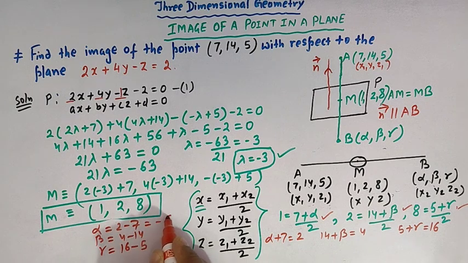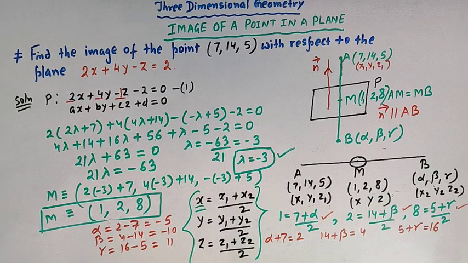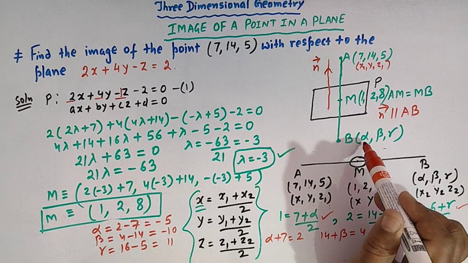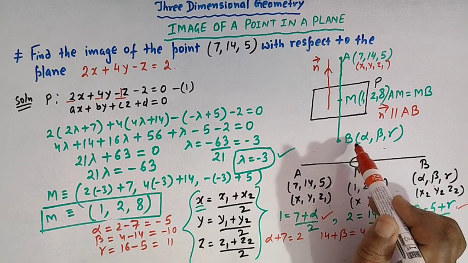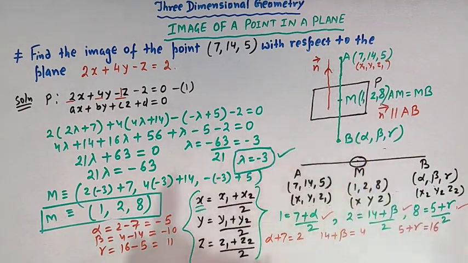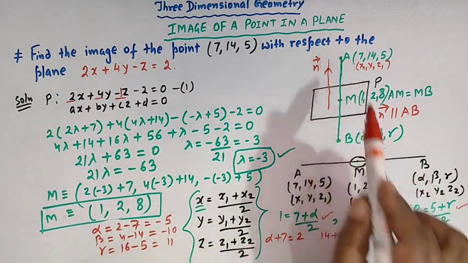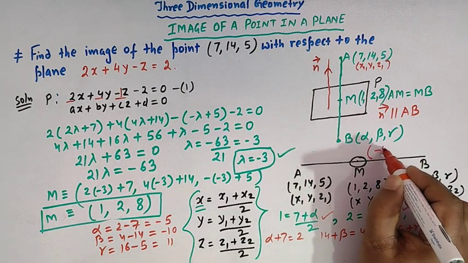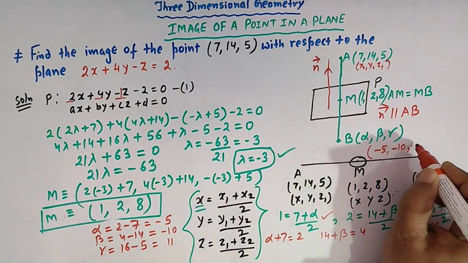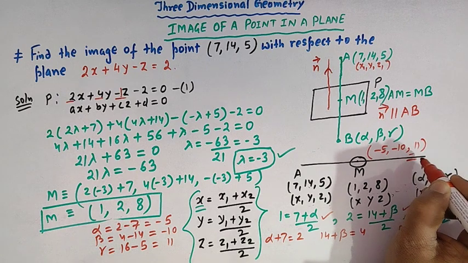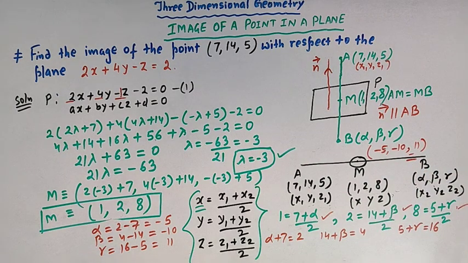So 2 minus 7 is minus 5, 4 minus 14 is minus 10, and 16 minus 5 is 11, right? So viewers, this is how we can obtain the coordinates of this point B, which is the image of this point A, right? So the coordinates of the image of this point A are given by minus 5, minus 10 and 11, right? And this is how we can solve this problem.